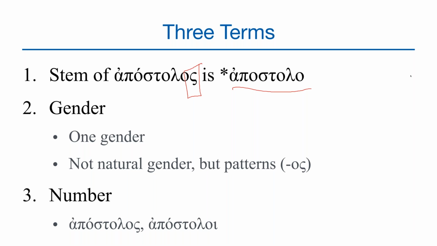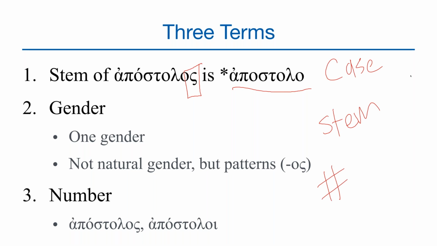And it points out here you don't need to be looking at natural gender, but you need to identify the patterns. So you have the case, which is based on the ending. You have the gender, which is going to be based on the stem. And then you have number, which is also based on the endings.